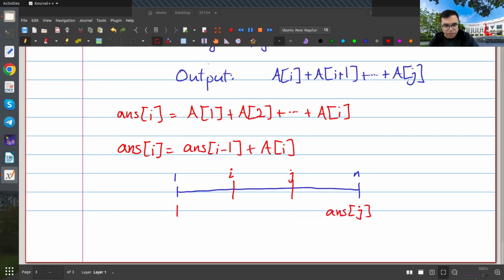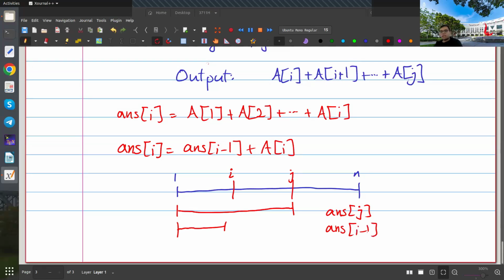It's the sum of everything from index 1 all the way to index j. But that's not the answer that I'm looking for, because it's also summing up these parts before i that I didn't like. So I have to subtract those. But what are those? Those are the sum of everything before i. So it's just ans(i minus 1).